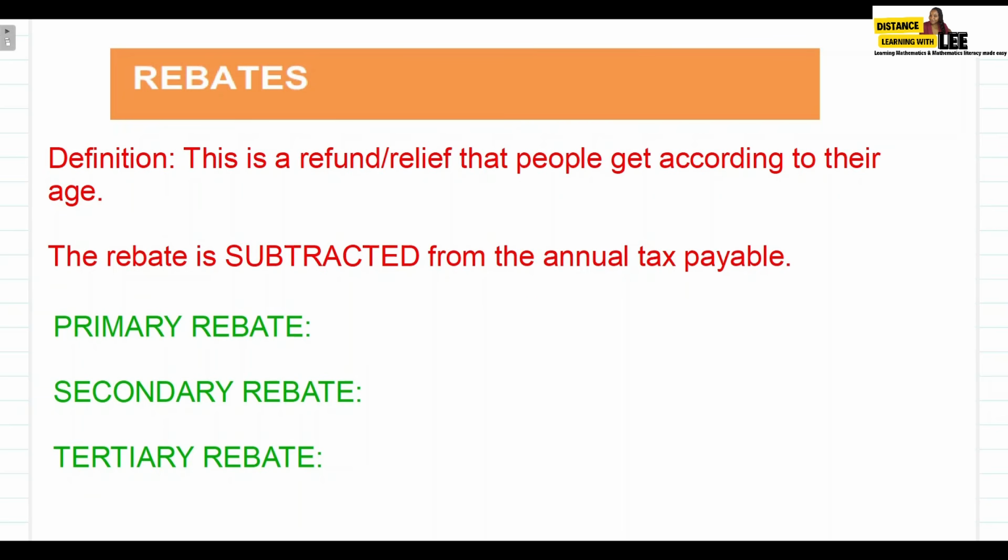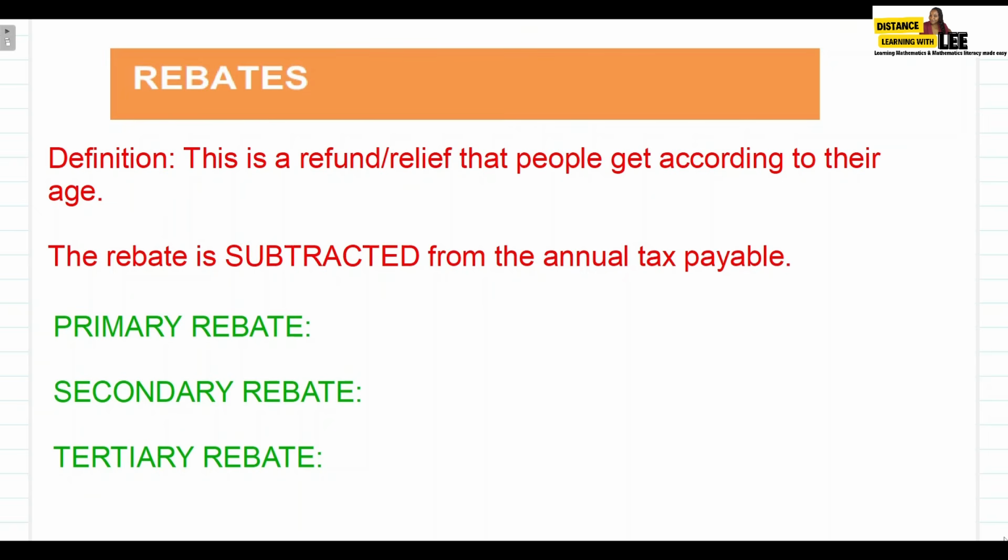So once you are given a person's age, and we are given your rebates table, you are able to determine the rebate that a person qualifies for. And once you have that rebate, you subtract that rebate from the annual tax payable.